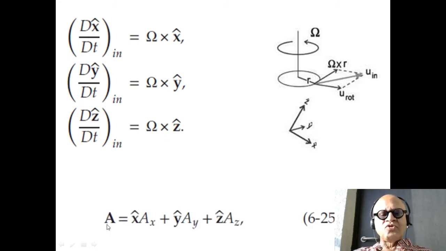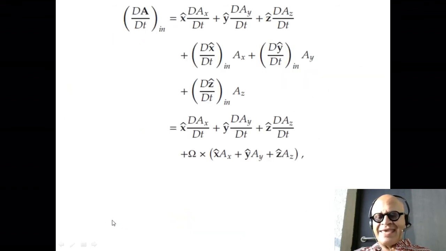So going back to our vector A, then doing the total derivative in the inertial framework is going to give us x dAx/dt, so this is the regular term we would have in a non-rotating framework, plus dx/dt times Ax, just the law of partial differentiation, dy/dt Ay, dz/dt Az.